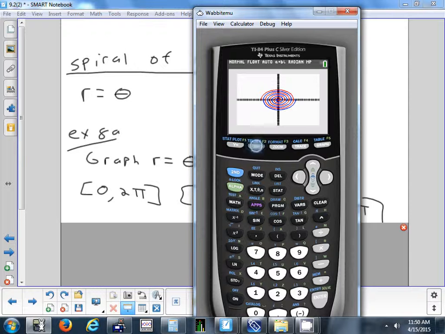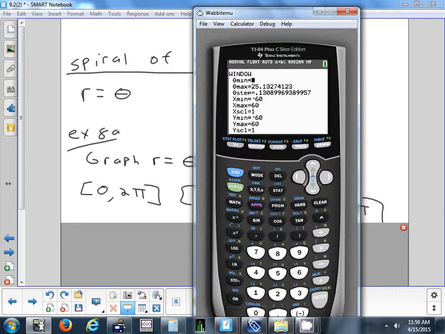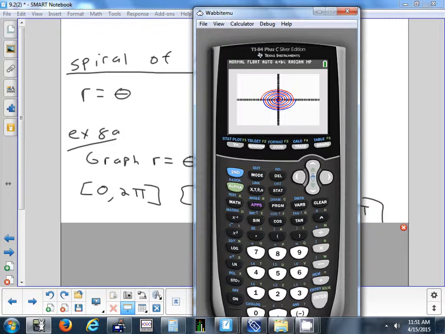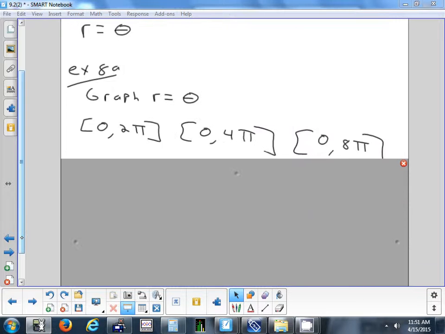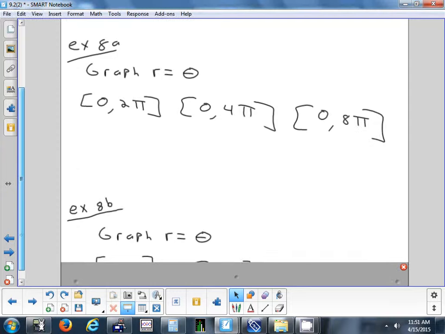But you could also try messing around with theta min and theta max. Try different things and see what happens. Okay, any questions on drawing that spiral? I think I have one more thing we can try with the spiral.